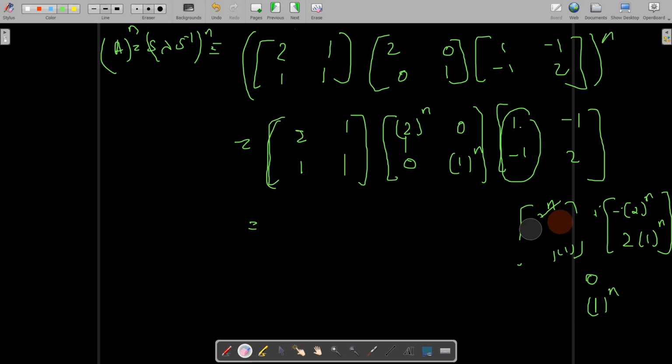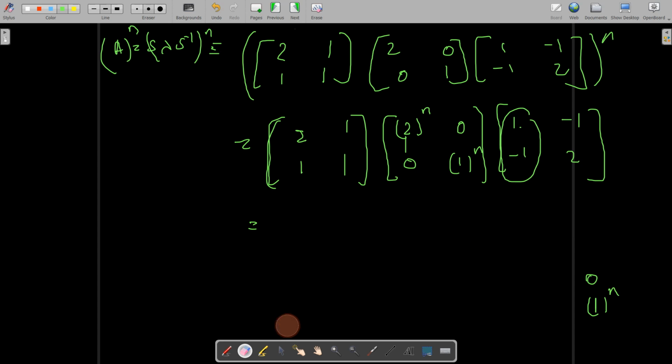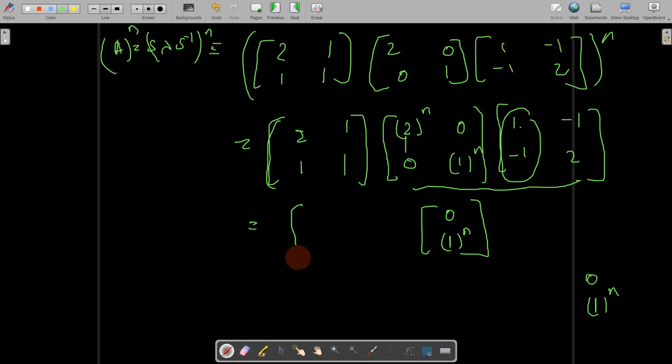Okay, so I will write it above over here. This multiplication now becomes 0, 1 power n. Now this has to be multiplied with 2, 1, 1, 1, right? So 0 times the first column, 1 power n times the second column. So this would be 1 into 1 power n, and 1 into 1 power n.